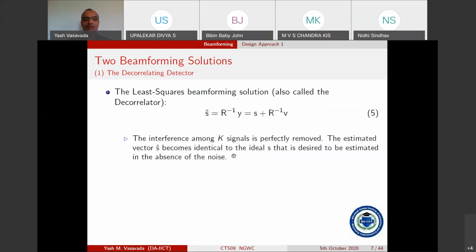Okay, so once we form that expression of Y, we said that our estimated symbols can be obtained by multiplying Y with the inverse of the correlation matrix of W Hermitian. And as a result, we got this estimate as S plus R inverse of V, where V is the noise signal.